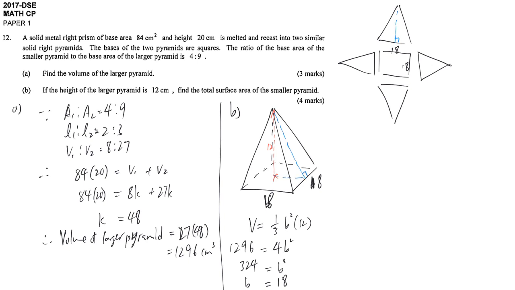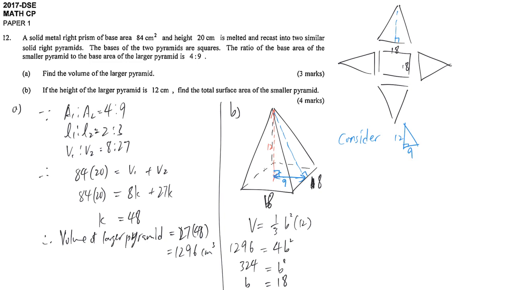To get the blue line, we use the Pythagoras theorem, because this is the height, that means this is vertical. If we consider the cross section, this is 12. Furthermore, we know that the distance here is half of the length, because it's at the middle of this square base.